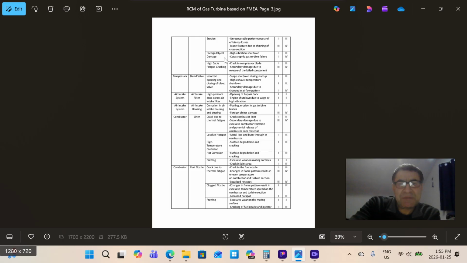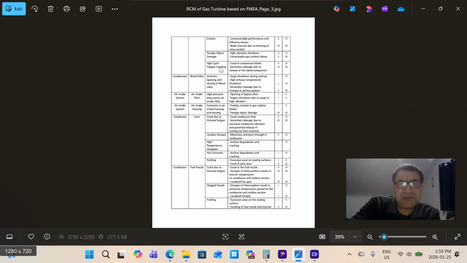Foreign object damage could be found during disassembly or maintenance, and some foreign objects may enter by not using clean fuel and cause catastrophic gas turbine failure, with high probability, and high vibration shutdown could happen.